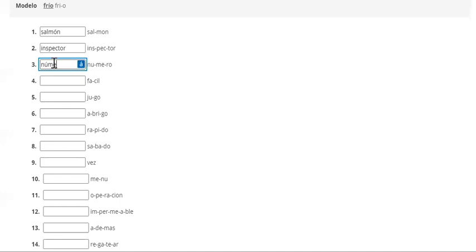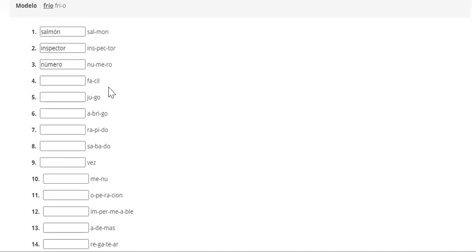And no matter what type of word we have, if you ever stress the third from last syllable, you're definitely going to need an accent mark. So número has an accent mark on the U because it's the third from last syllable. It should be on that second syllable right here, but it's not, so we have to write an accent mark.